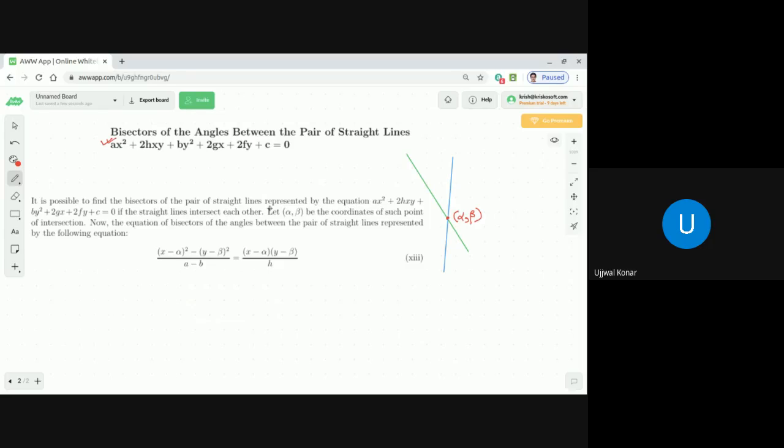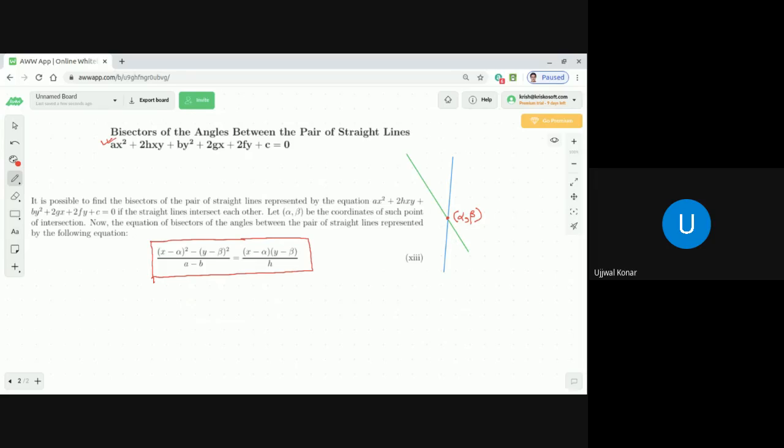Now, the equation of bisectors of the angles between the pair of straight lines represented by this equation, as you see, is (x minus alpha whole square minus y minus beta whole square) divided by (a minus b) equal to (x minus alpha)(y minus beta) divided by h.